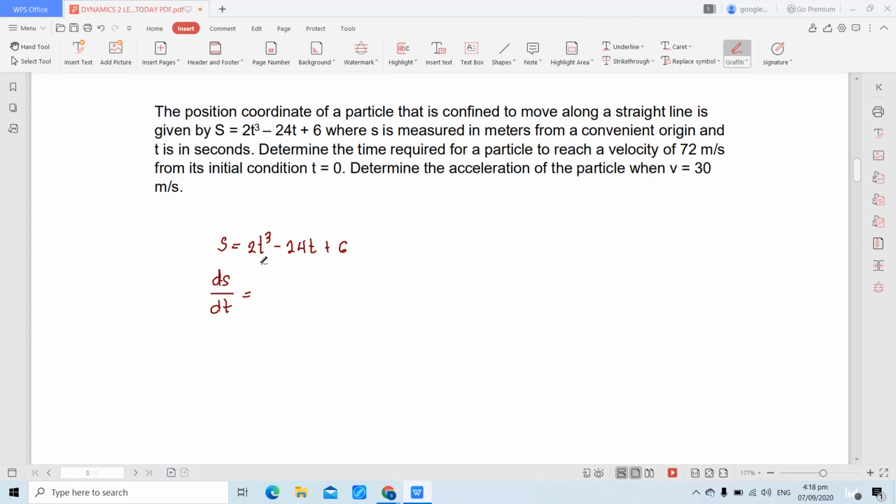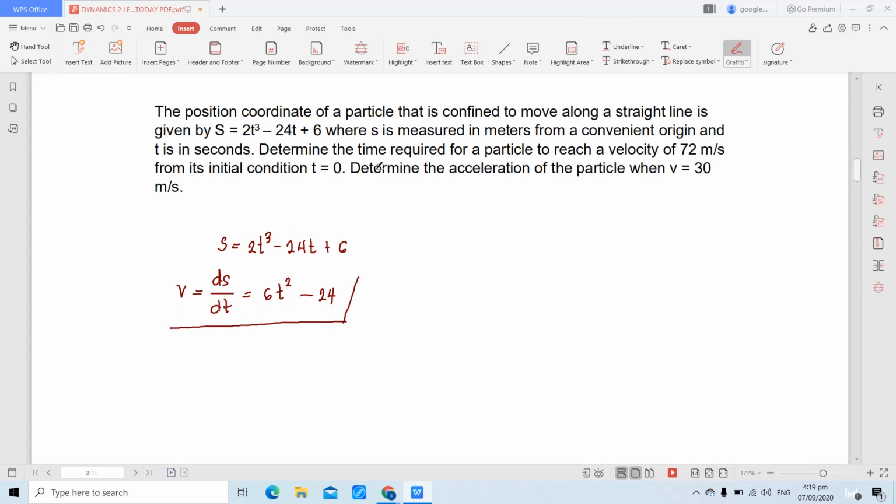And that will be equivalent to, ano ang derivative ng 2t cubed? 6t squared minus the derivative of 24t, which is 24. Derivative of 6, that is a constant, that is 0. But ds over dt is a kinematic differential equation which is equivalent to velocity. Therefore, meron na tayong velocity as a function of time t.